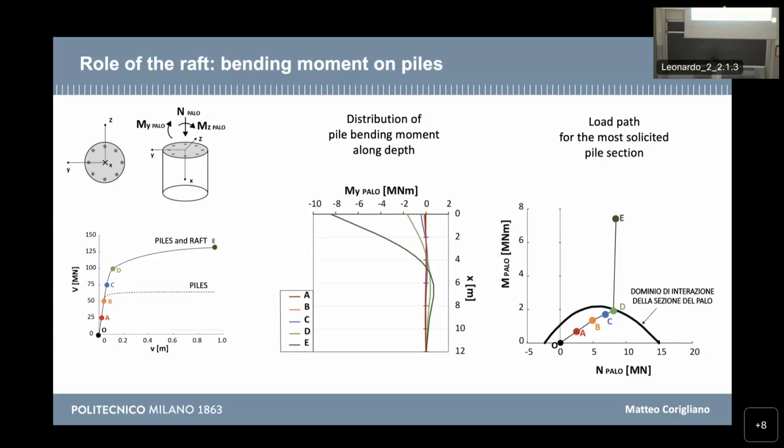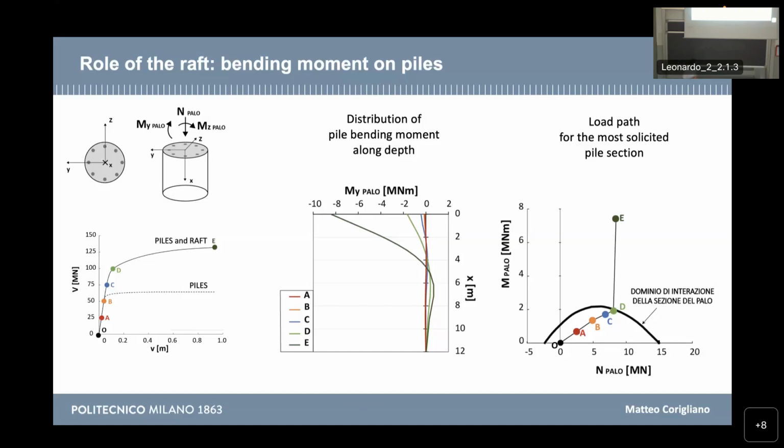And here we can see that considering the connection between raft and piles in a proper way, we can also consider the bending moment in the piles due to the load on the raft.